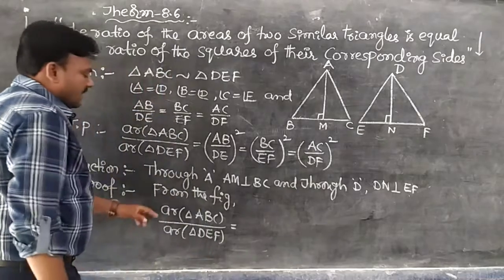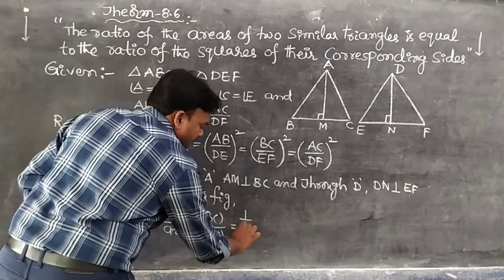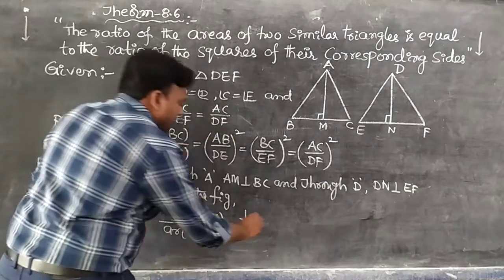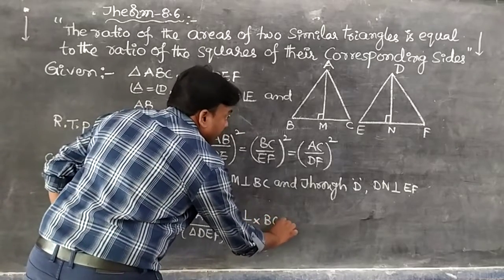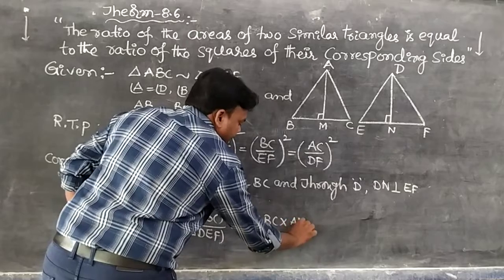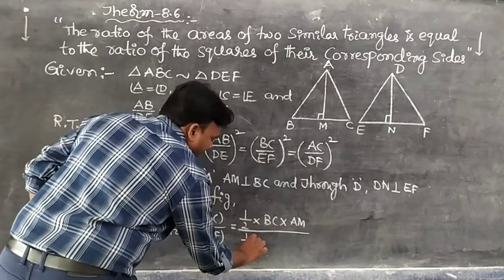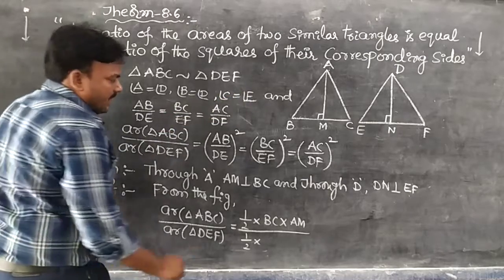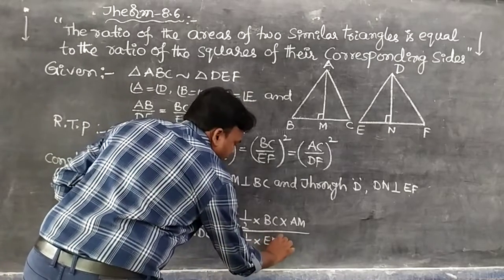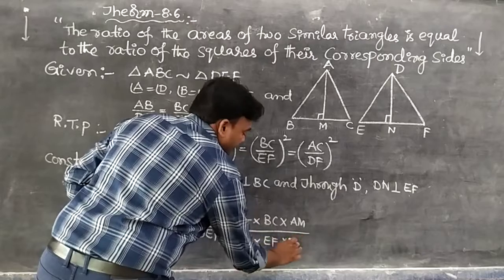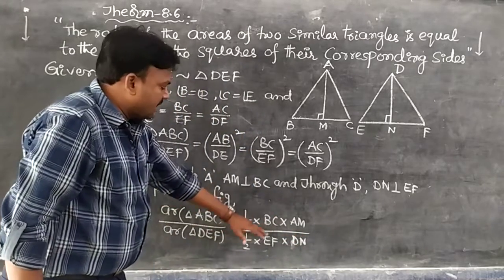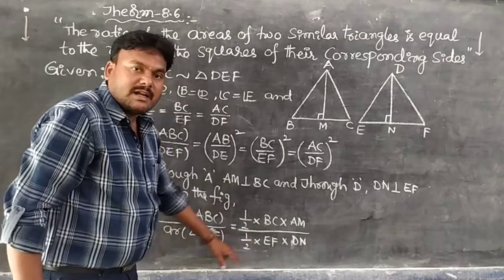So that implies the half into base into height formula is applied here. Area of triangle ABC equals half into base, which is BC, into AM, by half into base EF into height DN. The same formula is applied in the second triangle also.